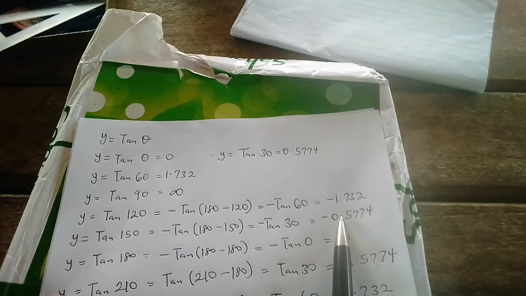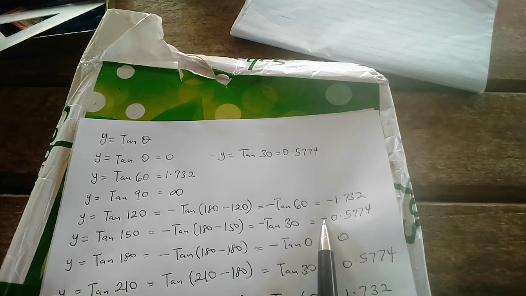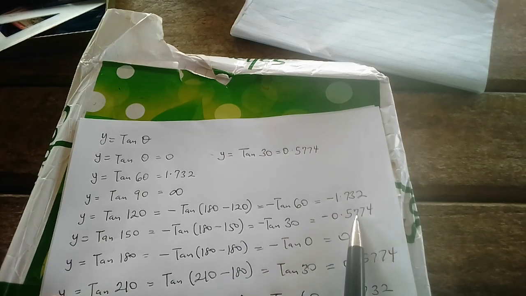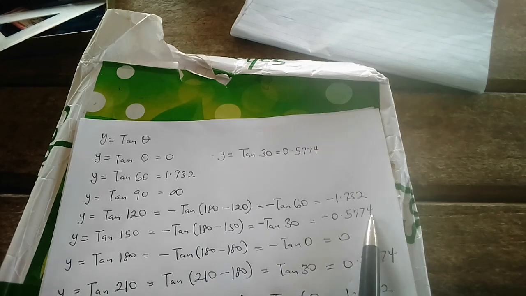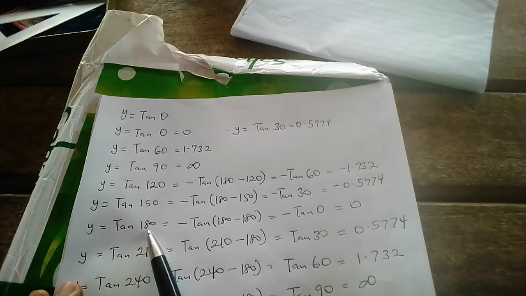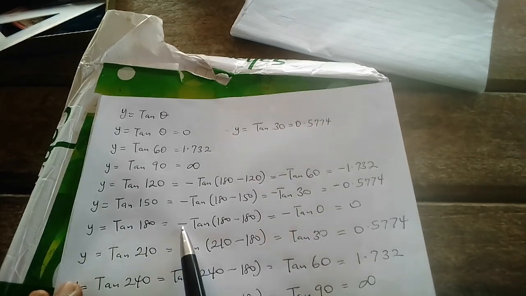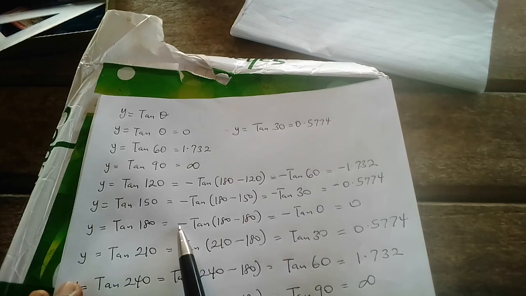Tan 30 is 0.5774. In the second quadrant, it is going to be minus 0.5774. When theta is 180, the value of theta here will be minus.